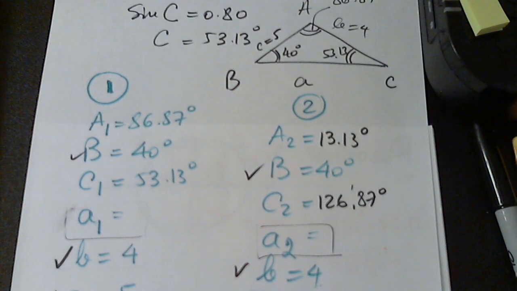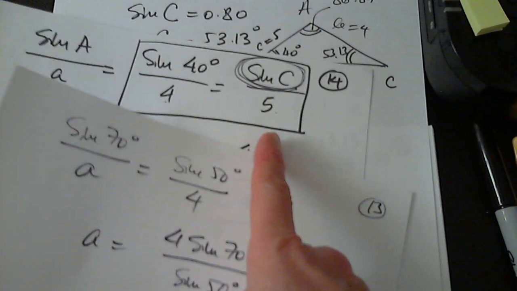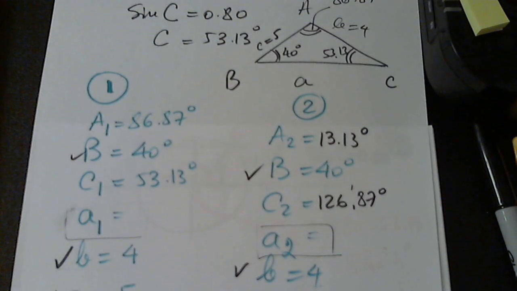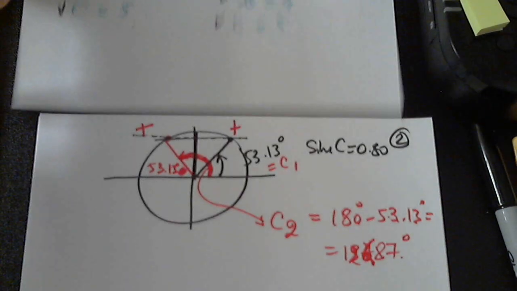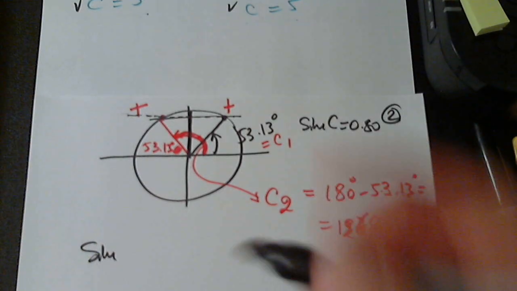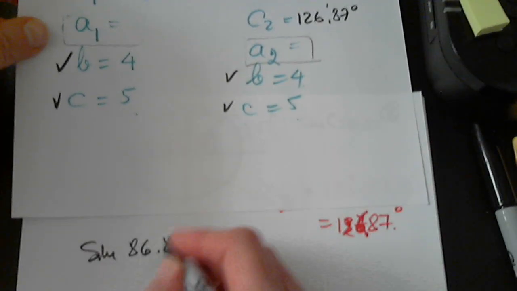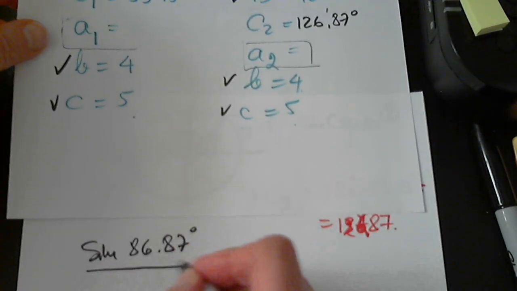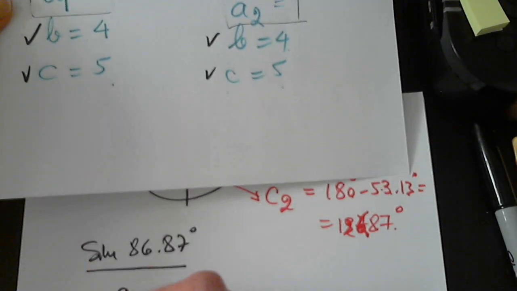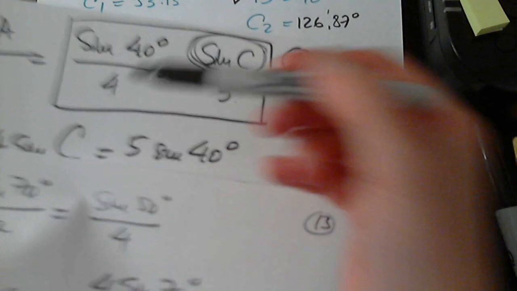So we go back to our law of sines. I'm going to copy it here so I can move away from that page. So I had sine A. Sine A is 86.87 degrees over A1, which is not known, equals sine 40 over 4.